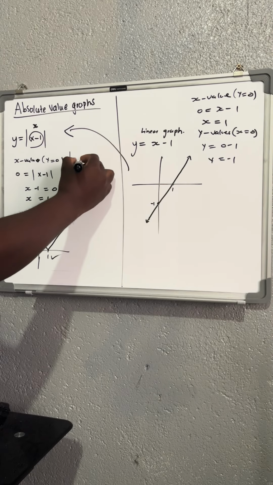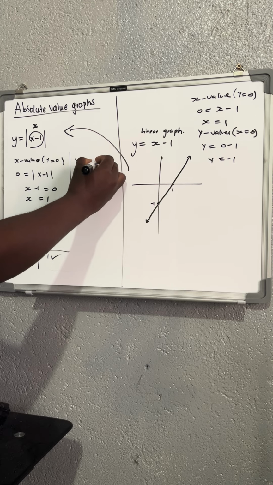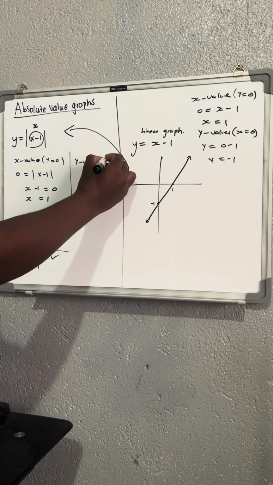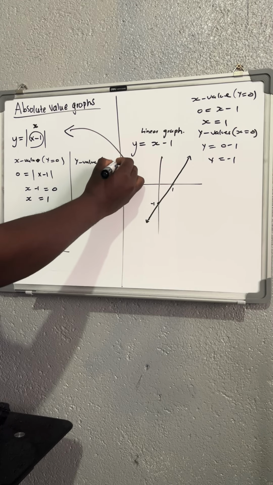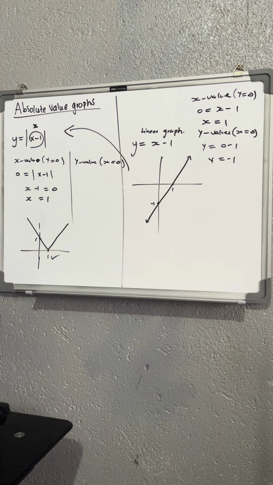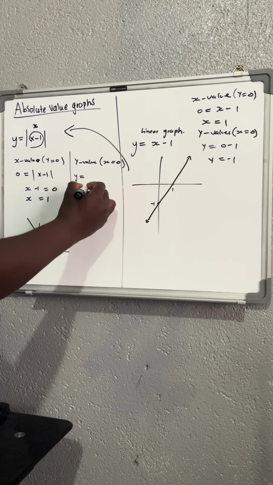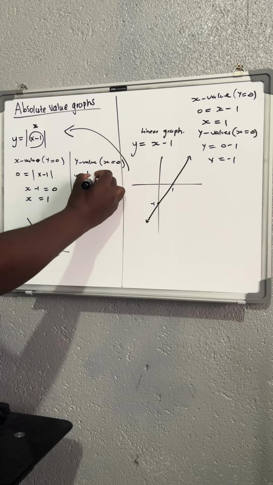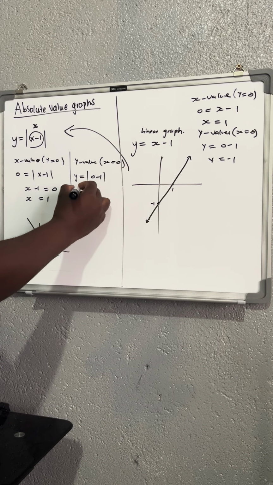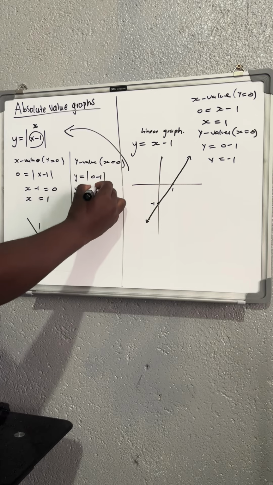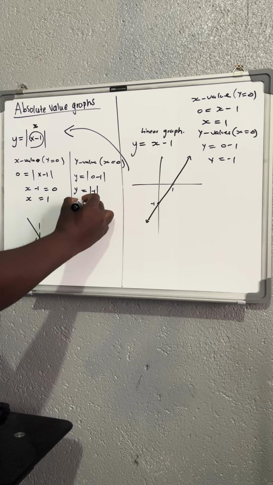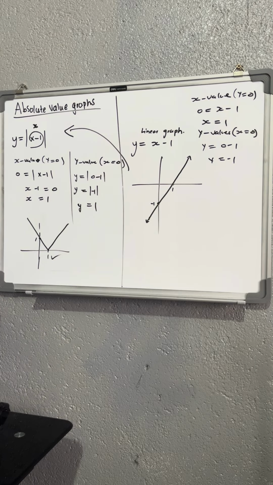You're looking for your y values, so you say x should be equal to 0. Then y is equal to the absolute value of 0 minus 1. Therefore y would be the absolute value of minus 1, which means y will be equal to 1.